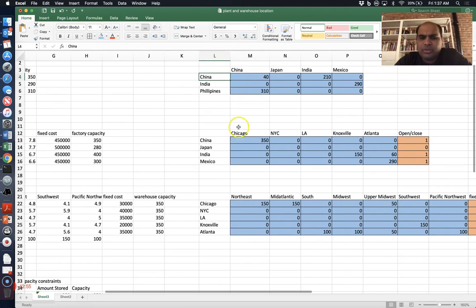So which plants are open? The Chinese plant is open, the Indian plant is open, and the Mexican plant is open. The Japanese plant is not open, so nothing gets sent to the Japanese plant, as you can see here, because we wrote our constraints properly.